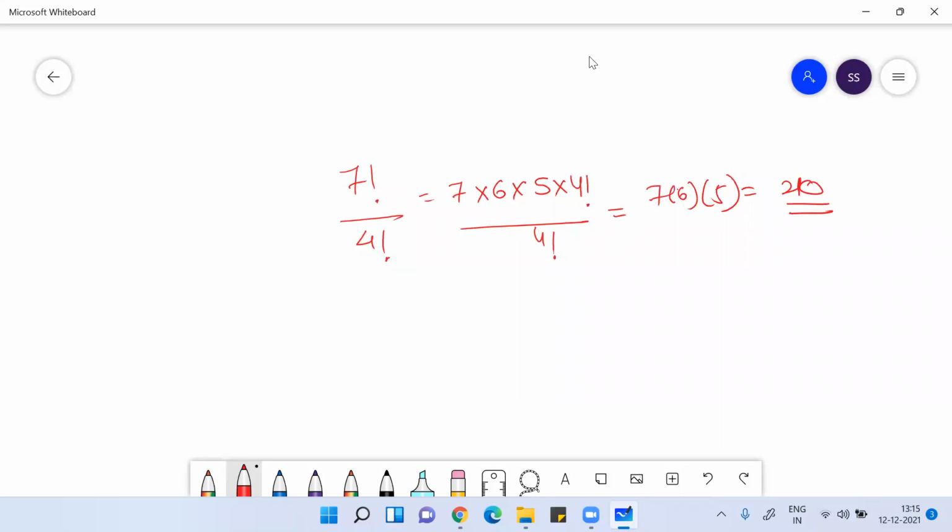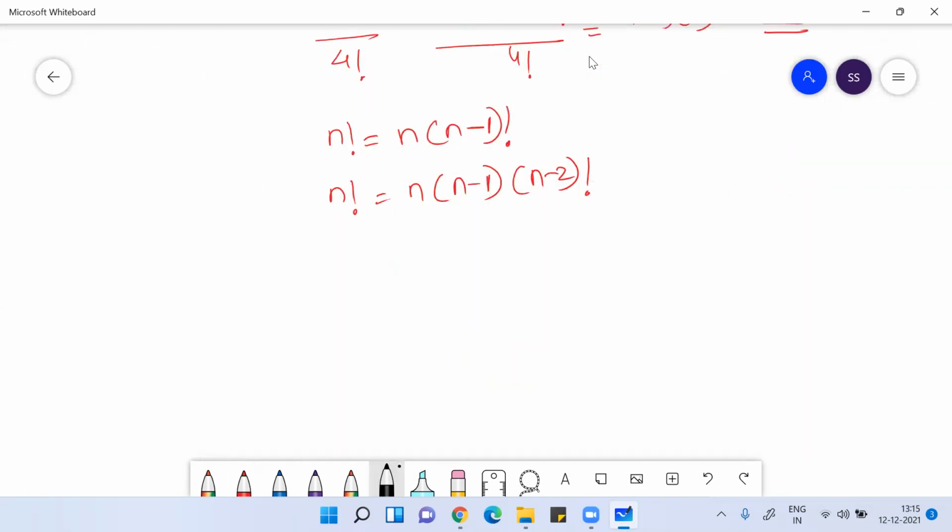This basic knowledge you need to solve the questions here. n factorial can be written as n into (n minus 1) factorial.